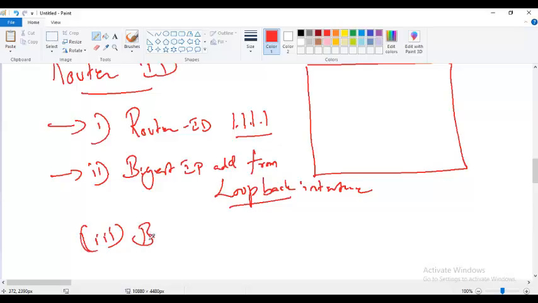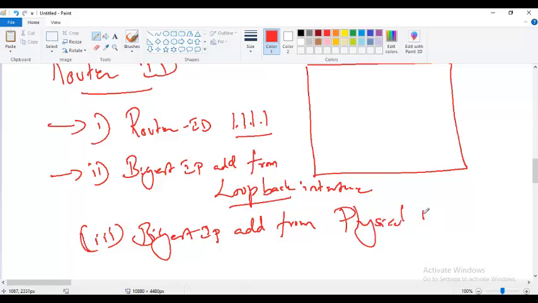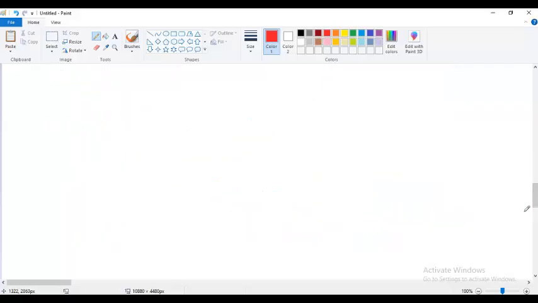You understood? Physical active interface. The interface should be up. It cannot be shut down. It should be up, and it needs to have an IP address. That IP address will be taken as the router ID.